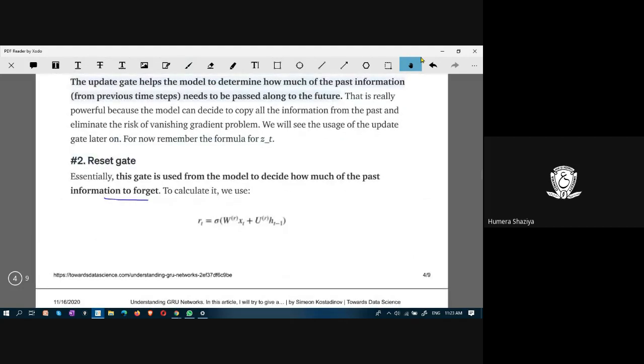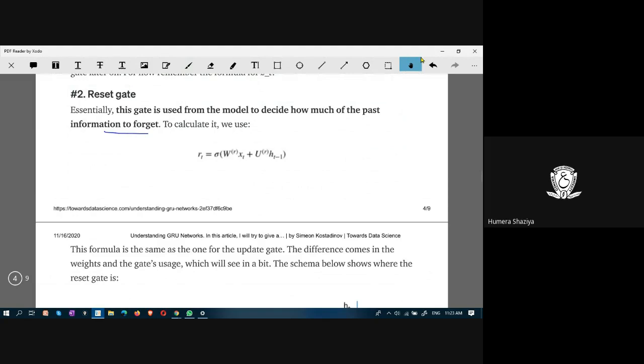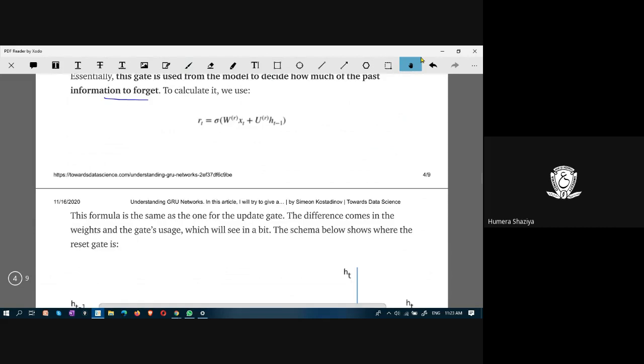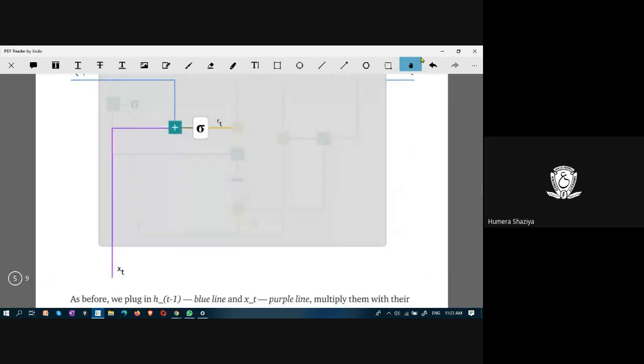And reset is how much of the past information to forget. And that is obtained by this W, xt, h sub t minus 1 and again a sigmoid activation function at this point. So this is the update gate, this one is the reset gate.